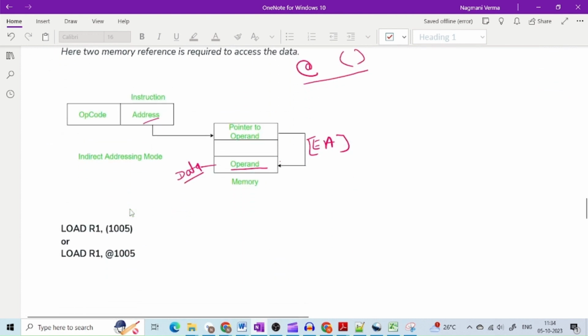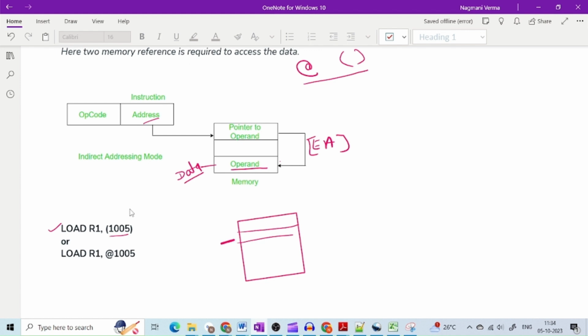So you can see here an example, this is the memory. This is the memory indirect addressing mode, because this is a memory location. What will happen in this case, it will go to the RAM, the location is 1005, and from here some value will be there. Now that is the effective address.